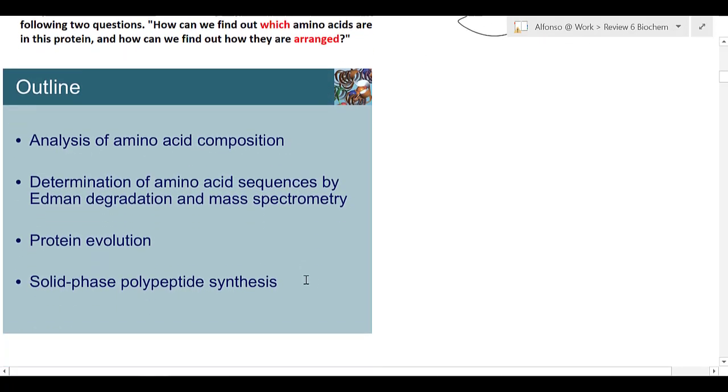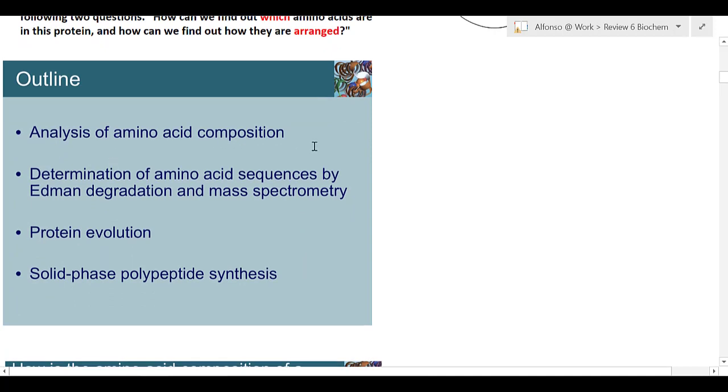Okay. So for those of you in Dr. Marsh's class, you'll recognize this outline. So we are going to do analysis of amino acid composition, and that's pretty much getting a protein, figuring out what type of amino acids are in that protein. And then we'll also do the rest of this, determination of amino acid sequence by Edman degradation and mass spectrometry.